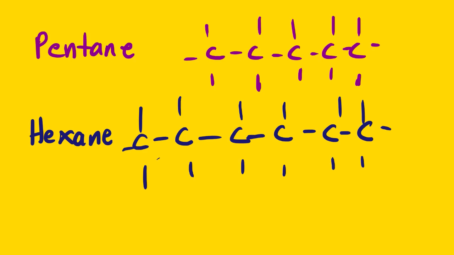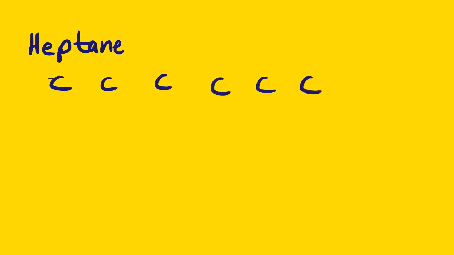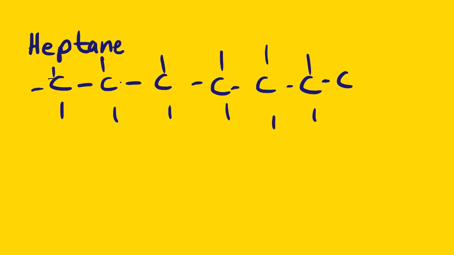Then the next one is heptane, which has 7 carbons. Remember I said I'll be covering only the first 8, but along the lesson series we'll also be looking at the last 2. Octane, it means it has 8.